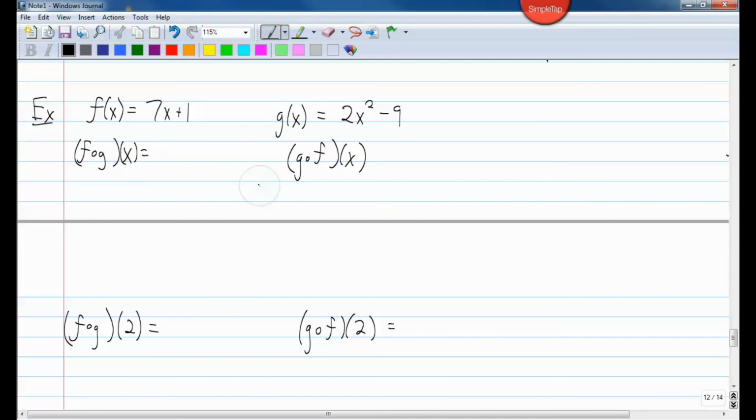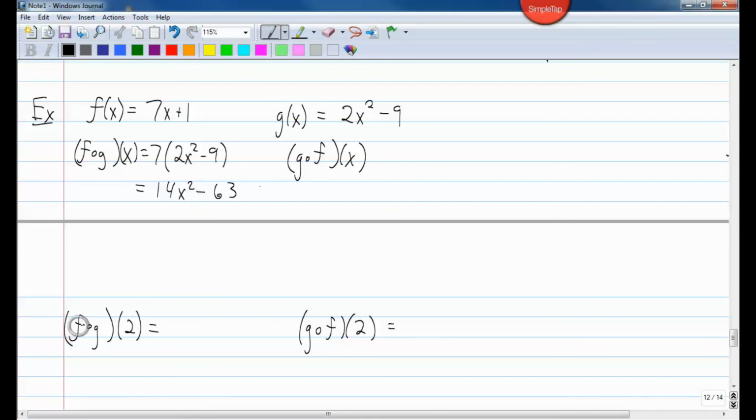So first, f of g of x. This means take the function g and plug it into f for every x. So here's g, this function right here. I'm going to take it and plug it into f for every x, which just happens to be this 1x right here. So that's 7 times 2x squared minus 9, or 14x squared minus 63.